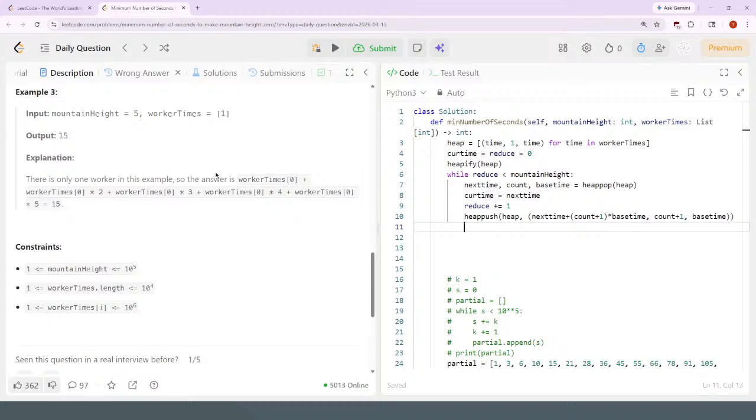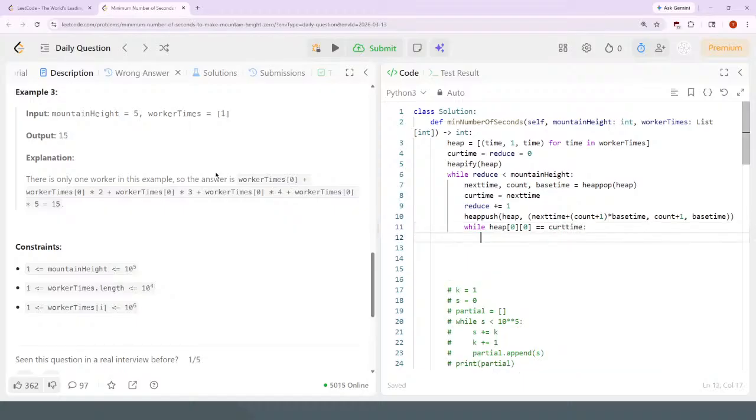Yeah, and then something like while heap at 0, the top of the heap has the same starting time, then I need to do this to the other ones as well. Maybe I can do a push pop.